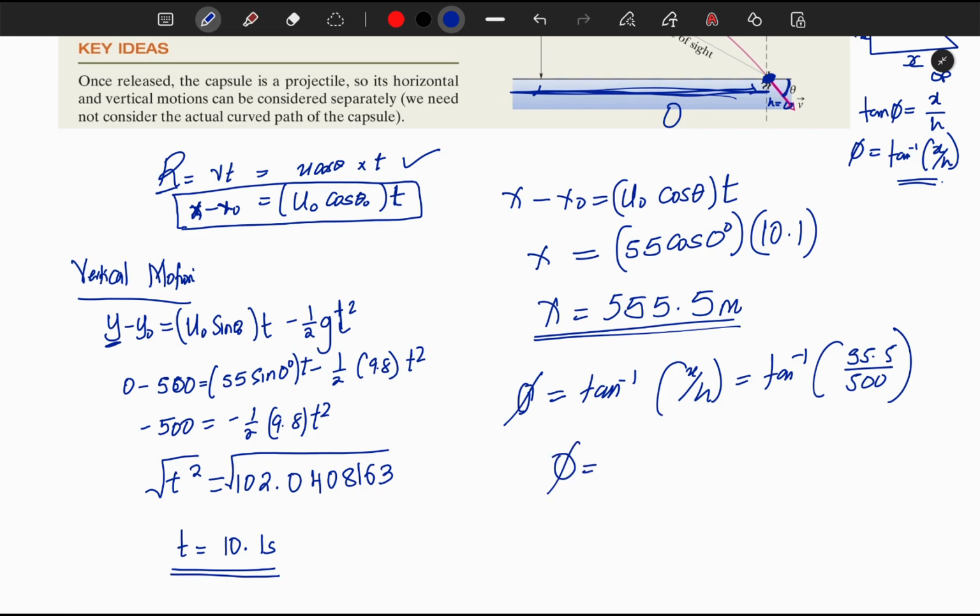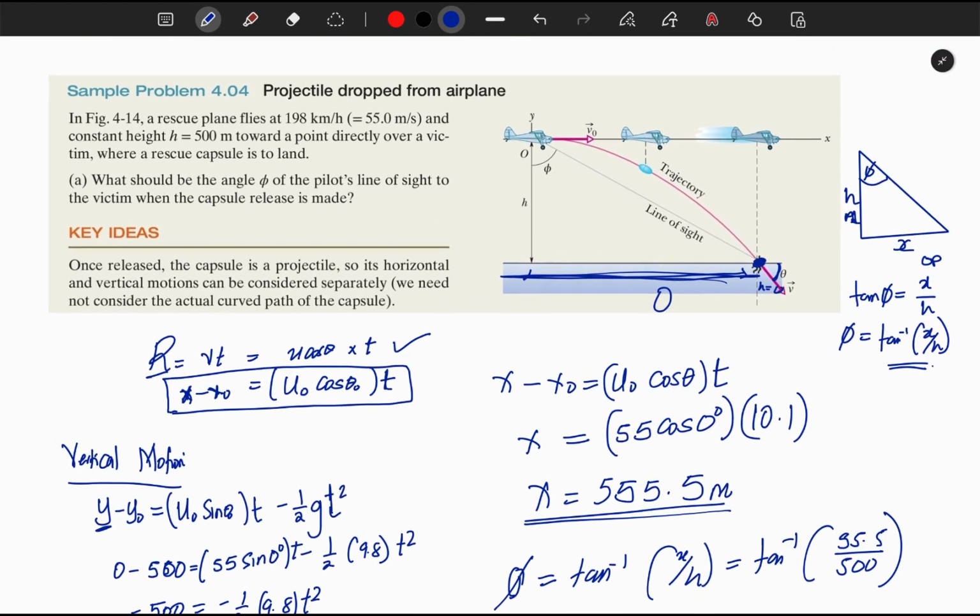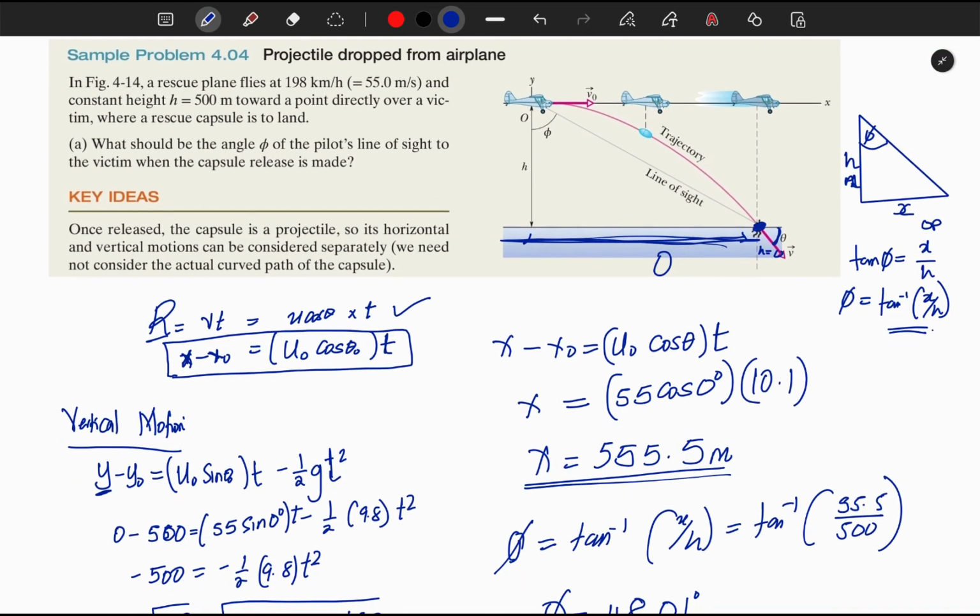So phi is giving me 48.00 degrees. I've just rounded it off, but there should be a 0.1 here. Yeah, there is 0099, so we get it like that. Okay, so yeah, perfect. All right.